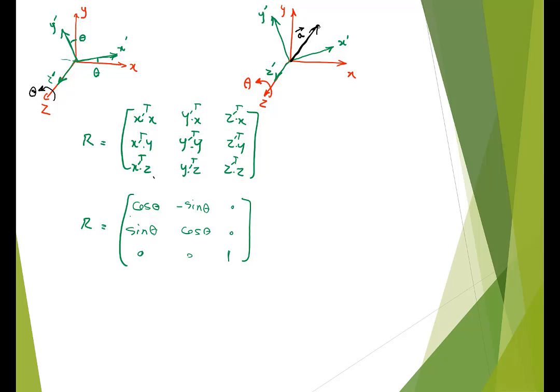Consider this point that's shown by vector A. In the new rotated frame, it has a component called AX, and it has a component along Y as well, shown by AY.